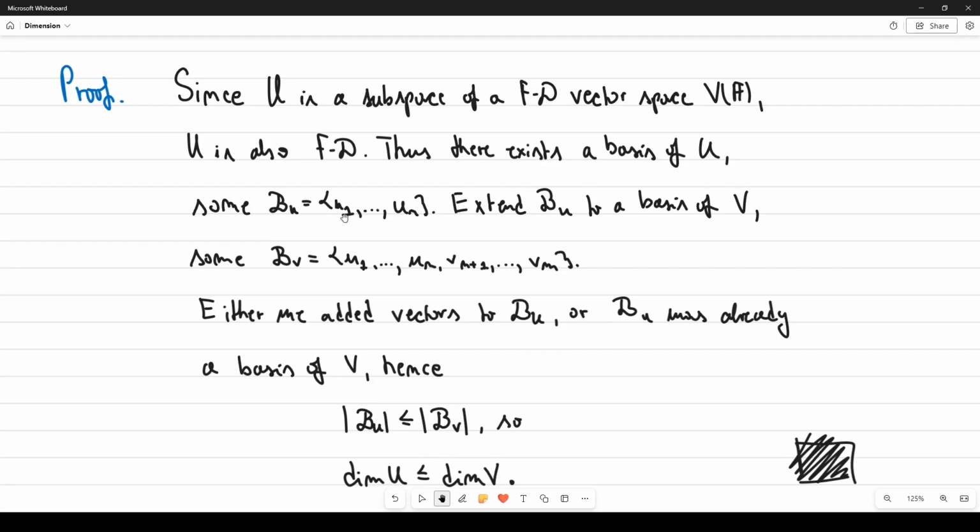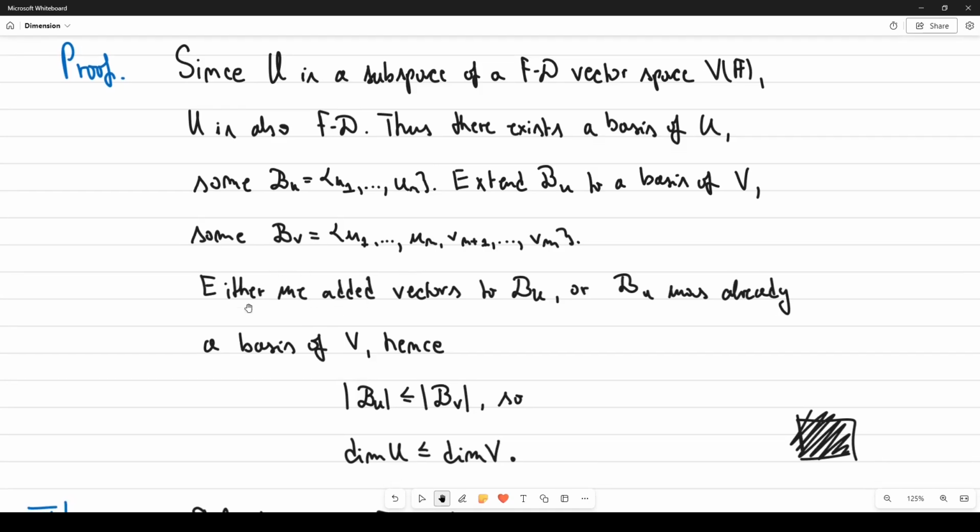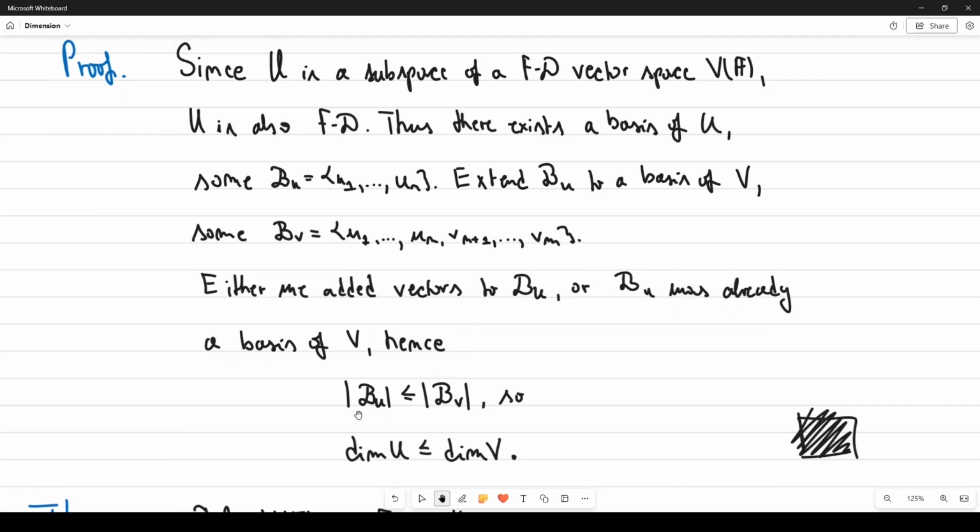Now, we can extend this to a basis of V, some B_V, with all those vectors and some extra vectors. Now, either we added vectors to B_U, or B_U was already a basis of V. Hence, the length of B_U is less than or equal to the length of B_V.